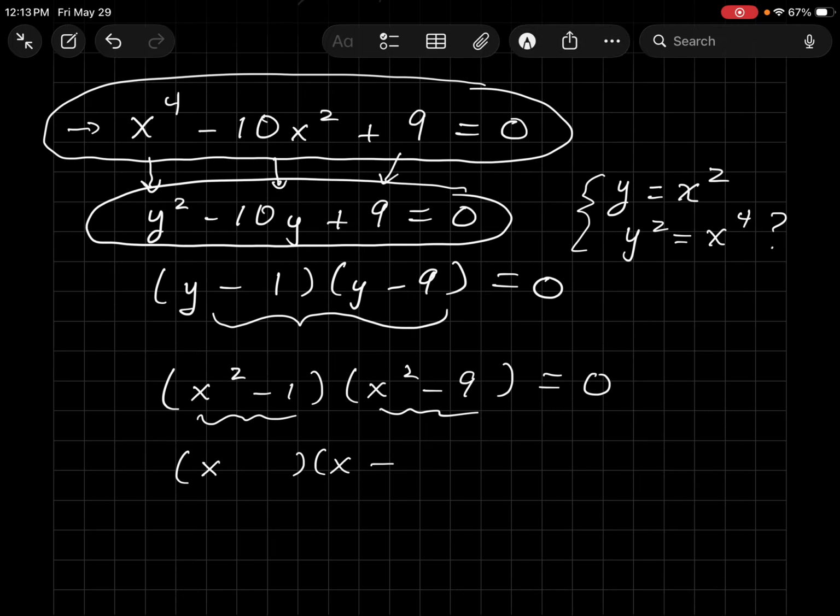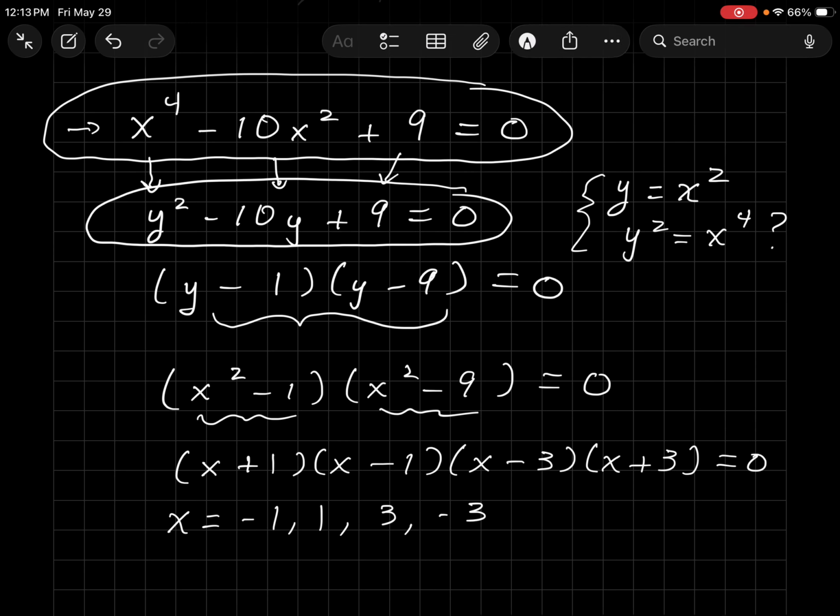This is what we call the difference of squares, if you remember. Probably from Algebra 2 you would have seen something like this. And we can factor this quartic, this fourth degree, all the way down to the following, giving us the zeros, -1, 1, and then 3 and -3.